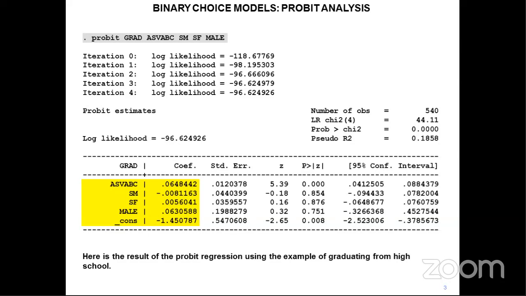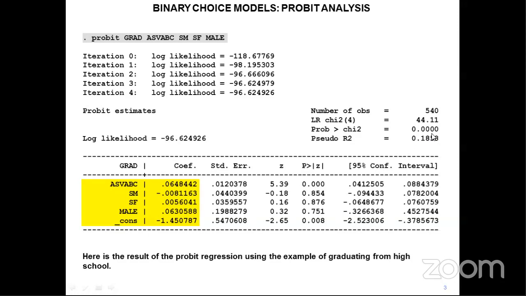In Stata, earlier you wrote a command like logistic. Now you write probit, followed by the dependent variable and the independent or explanatory variables, and the results look like this. Here you also have the same kind of log likelihood ratio test. The calculated log likelihood ratio value is 44, and its probability value is 0.